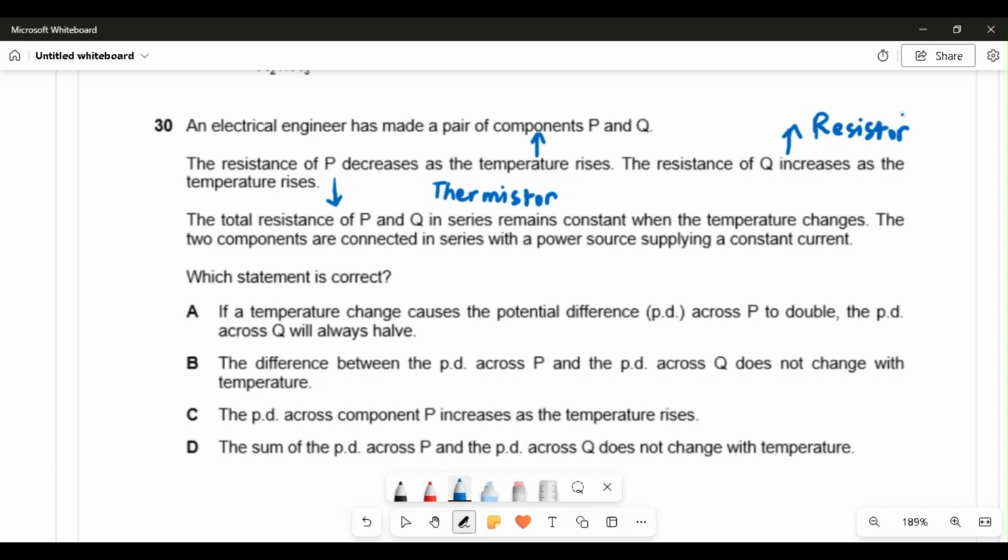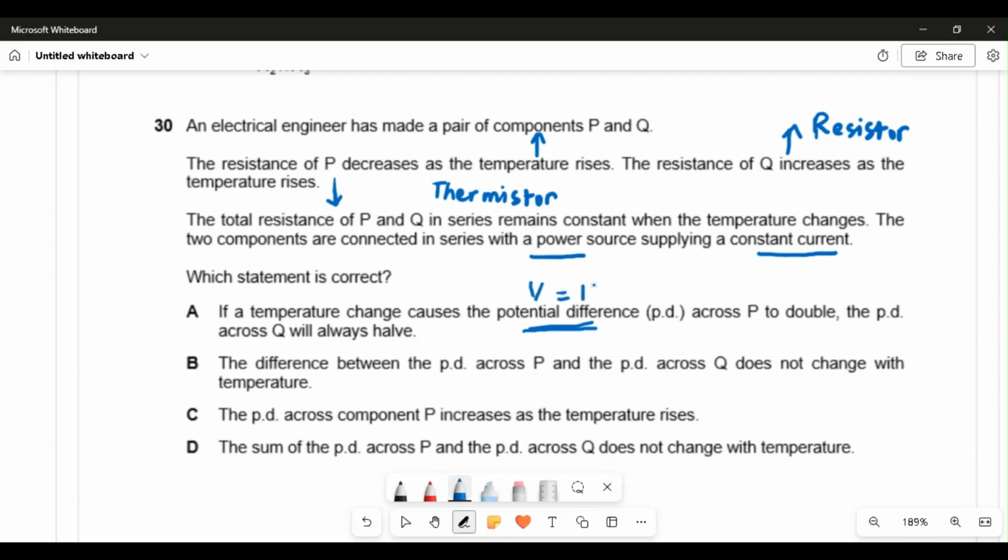The two components are connected in series with a power source applying constant current. Now which statement is true? If the temperature change causes the potential difference across P to double, it is about the potential difference. Potential difference is related to resistance and the current.